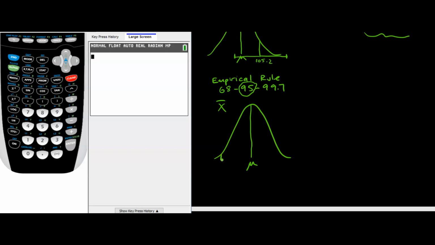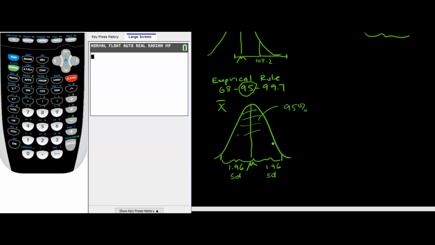So if this distance right here is 1.96 standard deviations, and then I go onto this side also, and that's 1.96 standard deviations, then 95% of my data, or 95% of sample mean IQs would be in this range. So that's good to know because that tells us that there's a pretty good chance that our sample mean that we have in this particular problem is within a couple of standard deviations of the mean.